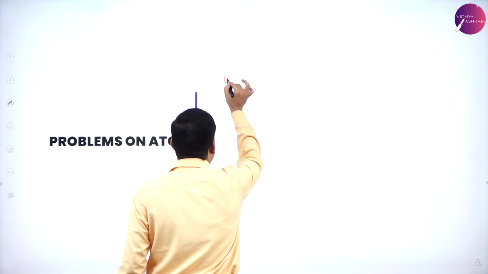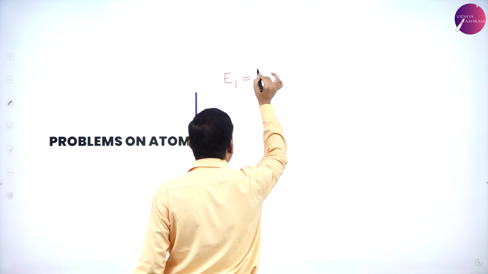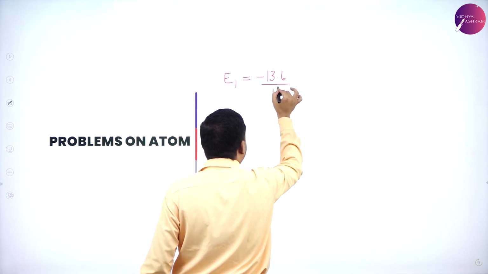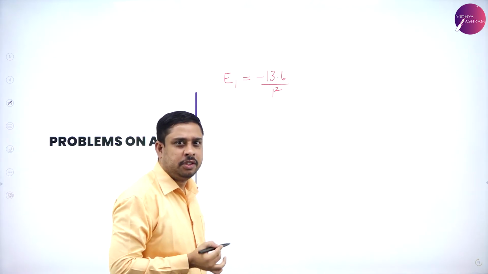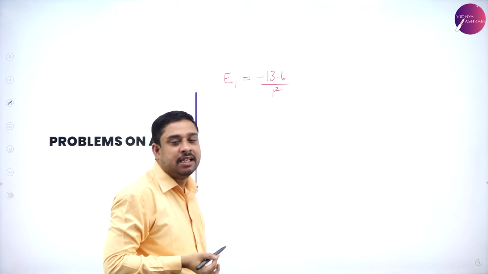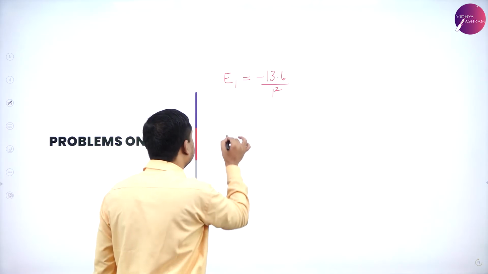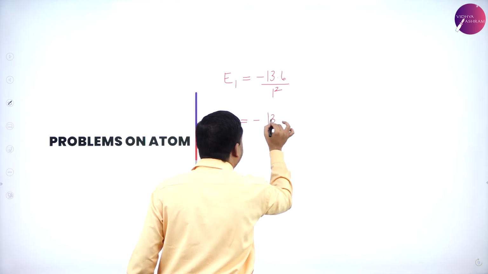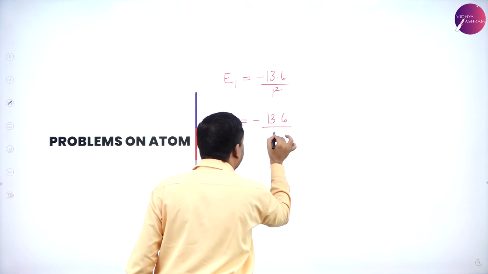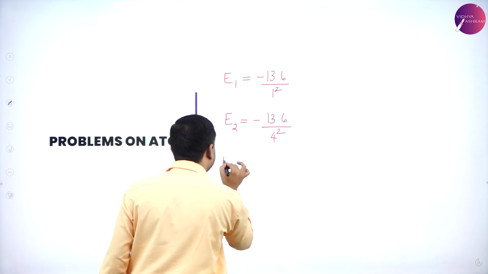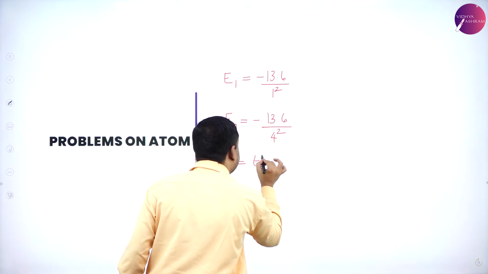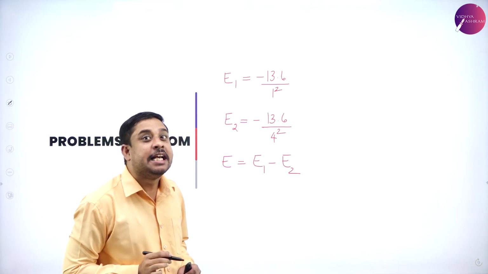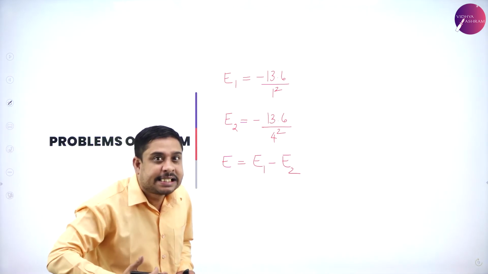Wavelength and frequency of the photon. So first, E1 is minus 13.6 over 1 square. I will summarize because I have clearly done this problem in the previous 2 sessions. E2 is minus 13.6 divided by 2 square. E is E1 minus E2, because here it is excitation.